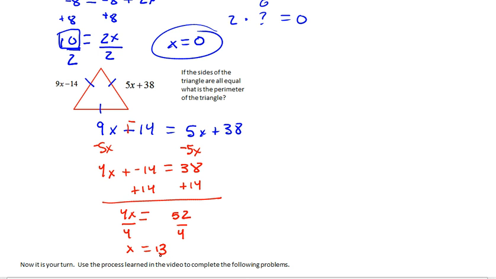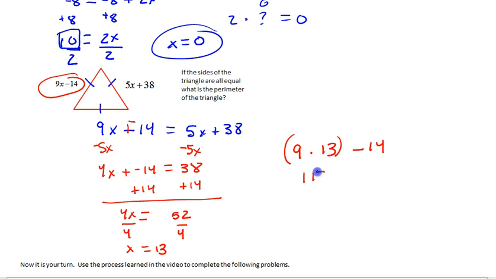Now be careful, you're not done yet. You need to plug 13 into one of these so that you can figure out what the perimeter is. So let's say that I use this one. 9 times 13, because I decided that x equals 13, minus 14. Right? Remember, you have to do multiplication first.